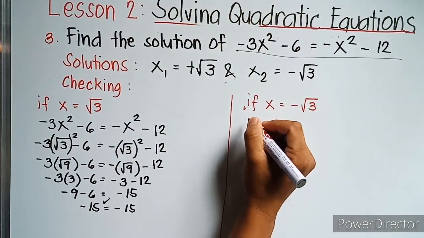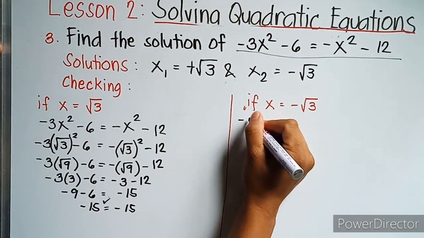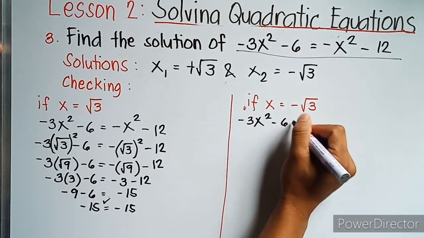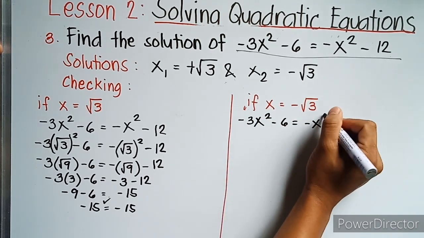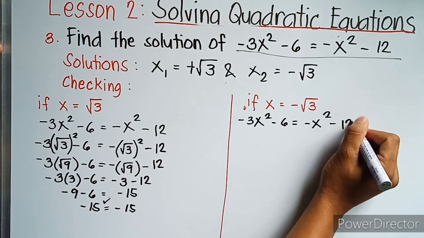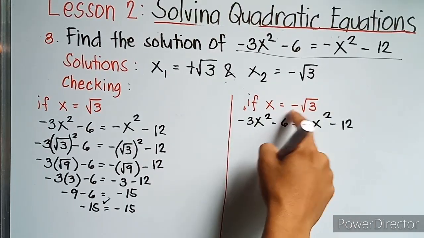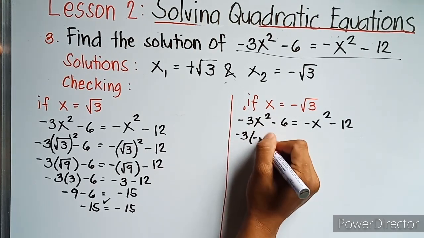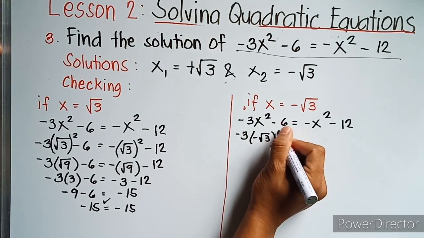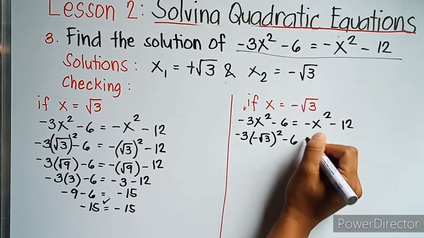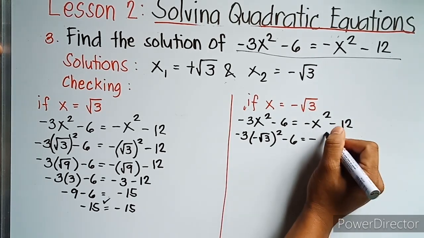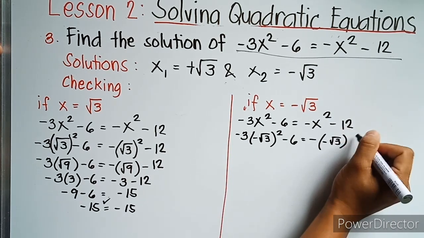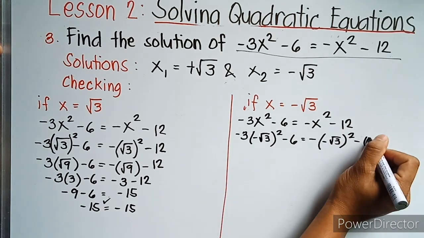So, again, the original equation, negative 3x squared minus 6 equals negative x squared minus 12. Change x by negative square root of 3, so negative 3 times negative square root of 3 squared minus 6 equals negative of negative square root of 3 squared minus 12.